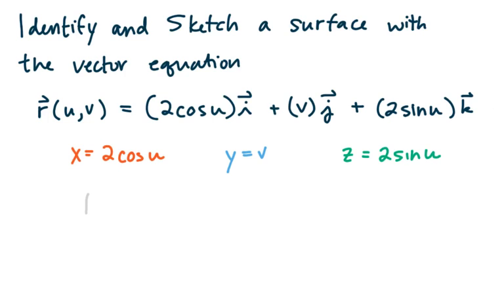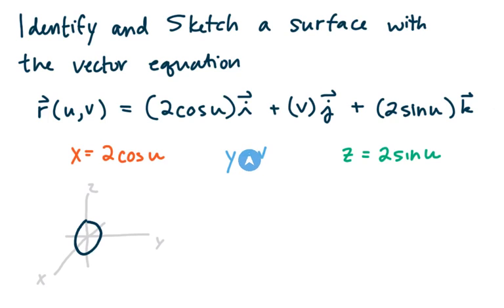So let's think about sketching this. I'll do the best I can. We've got our x, y, z axes coming in all of these different directions. We have a circle of radius 2 in the xz plane. It looks roughly like that. So what does y equals v mean?